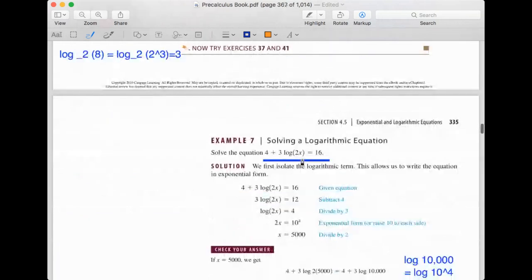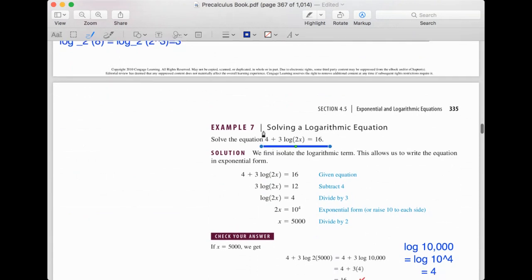Let's see one more example. This one, we see the log term is not isolated. On the left-hand side, we have a number, and a scalar multiplied by log. Let's try to isolate the log term. First, let's eliminate the 4. We subtract 4 on both sides.